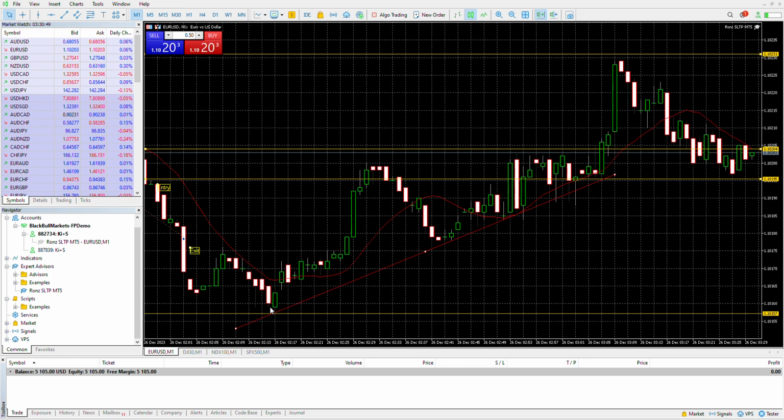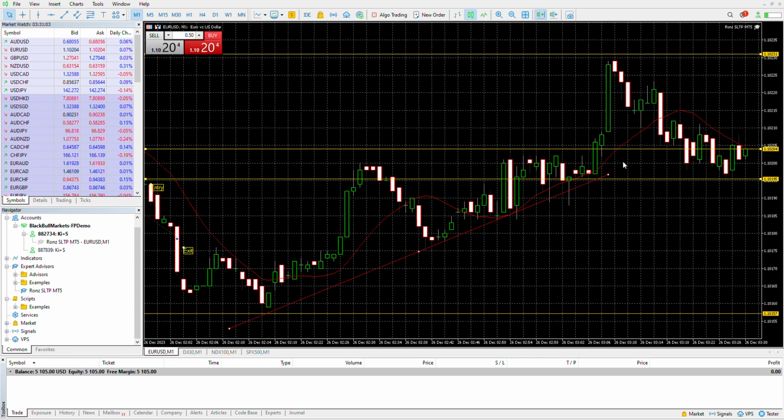And when it did that, this region created a triangle. That triangle usually is an indication that it is about to perform a dramatic move, either downwards or upwards.